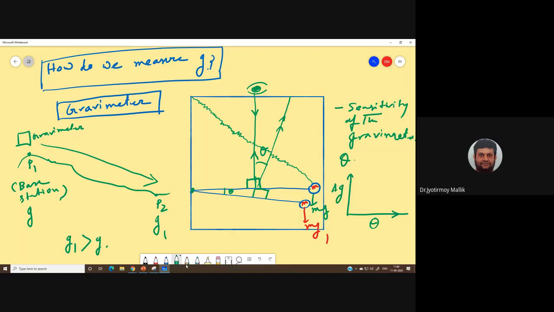Delta g means g1 minus g, that is, g at a target minus g at the base station.